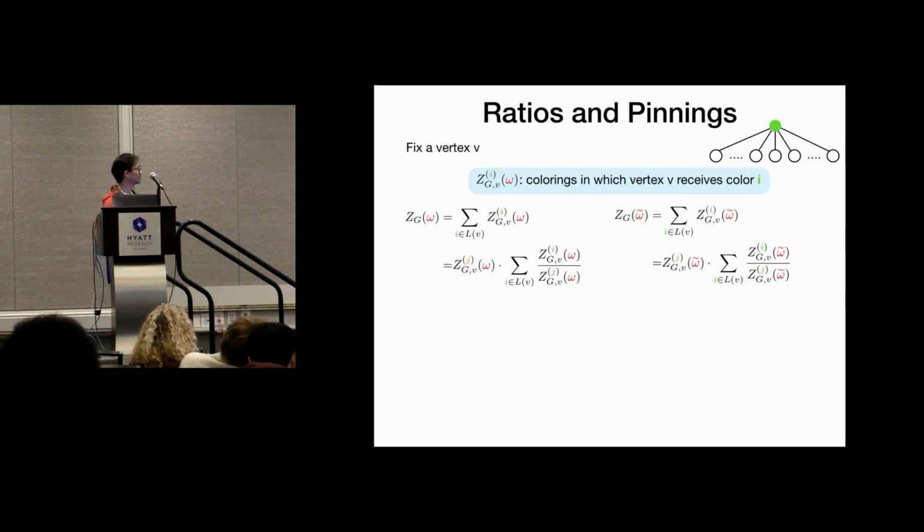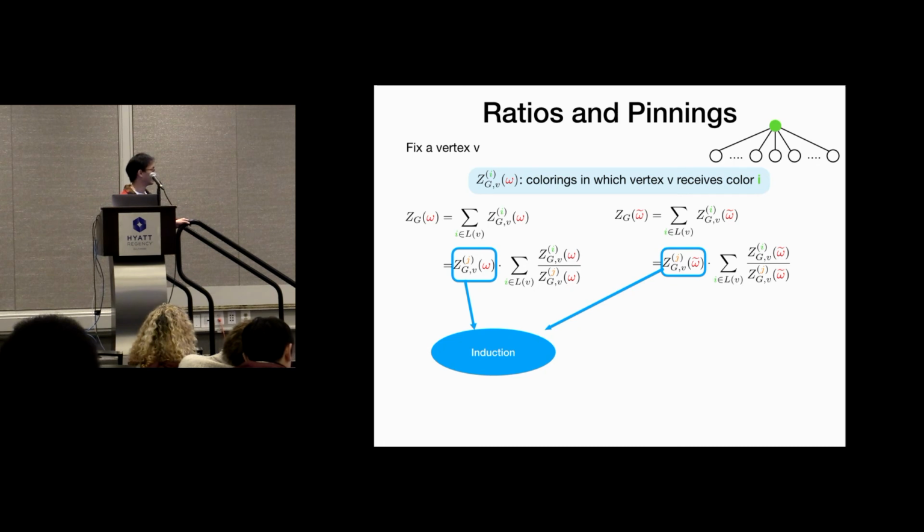And now let's pick any color J. In this way, we'll be able to write this as a product of a smaller, restricted partition function times a sum over these ratios.